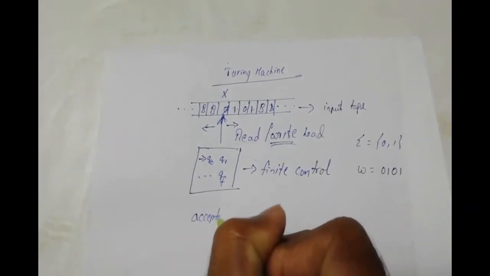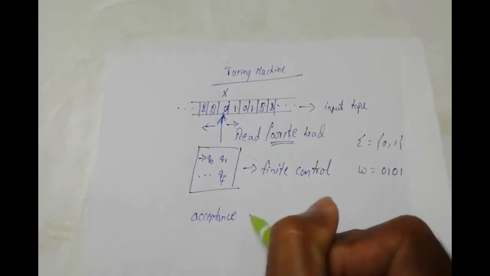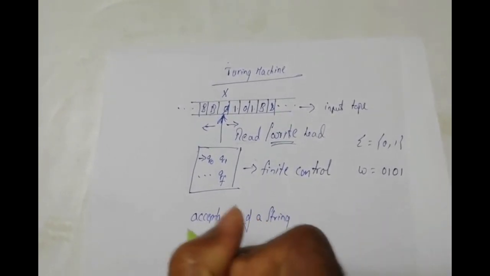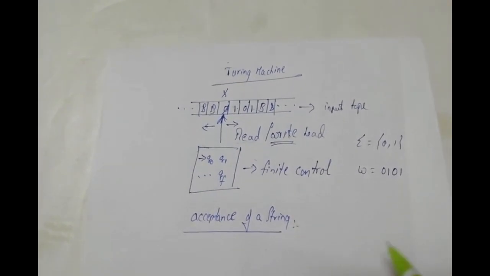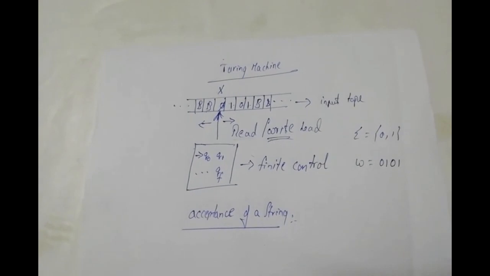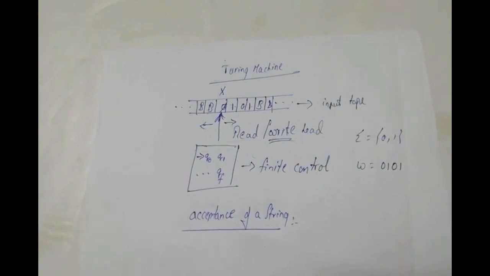Then coming to the acceptance of a string by a Turing machine. Whenever reading the characters from the input tape by the read-write head, if at least once the finite control reaches the final state or halting state, then the given input string is said to be accepted.